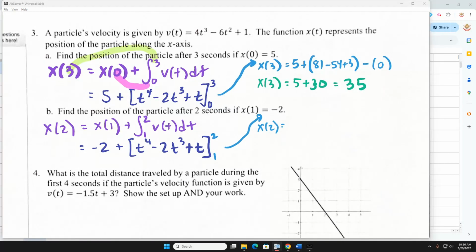Why is it 1 and not 0? Okay, because this time we know x of 1. Yeah, it's a whole new problem. Same particle, just different information that you're given.